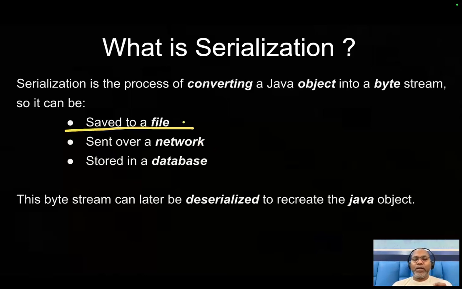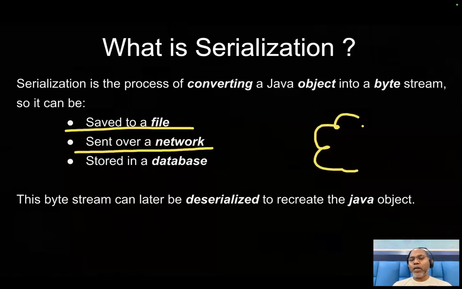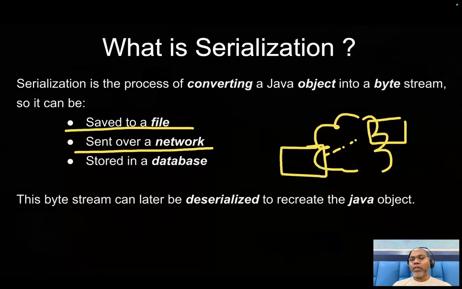So one use case for serialization is you have to write your Java object state in a file. Maybe sometimes you want to send it over the network. That means in a microservice environment or distributed application environment, maybe your server is deployed in one place, another server is deployed in another place, and you want to exchange data between these. In those scenarios, maybe you talk about an RMI call, socket programming, REST API call, WebSocket call, all kinds of network communications.